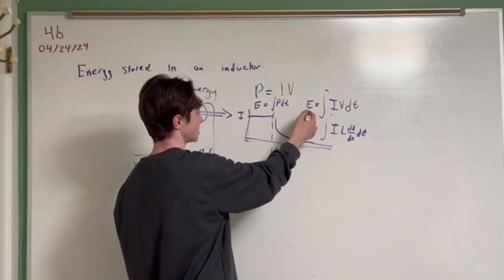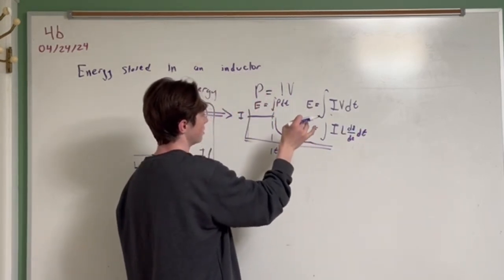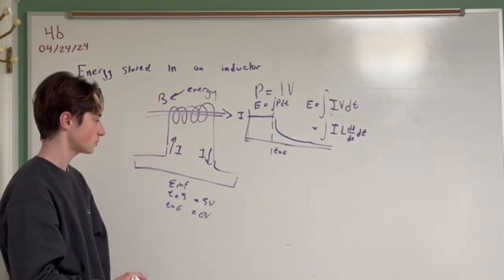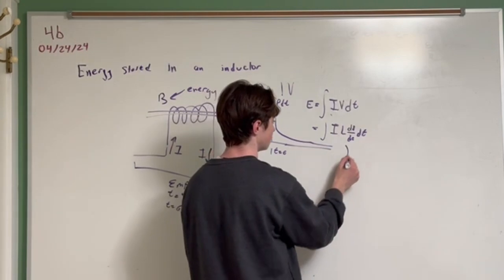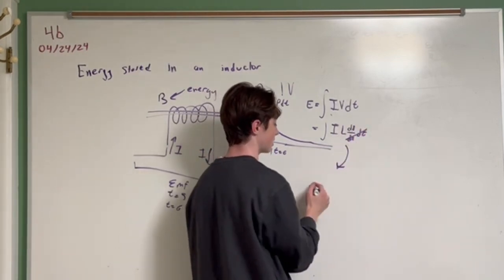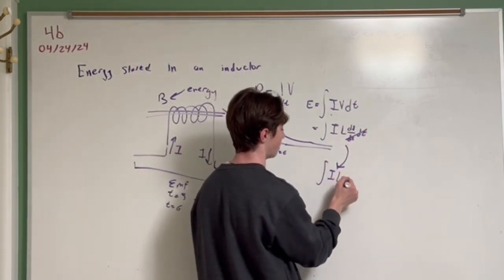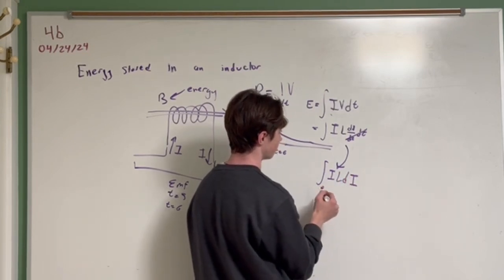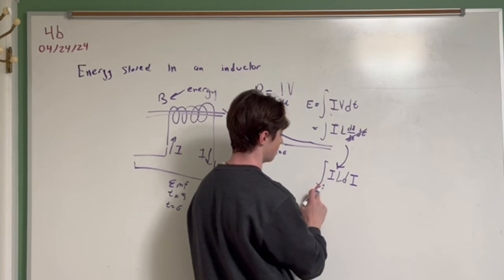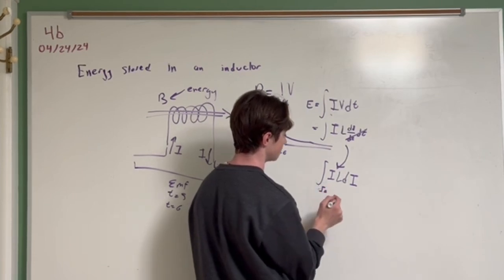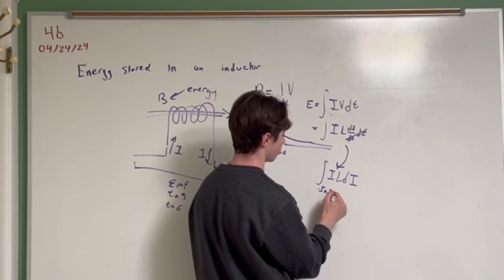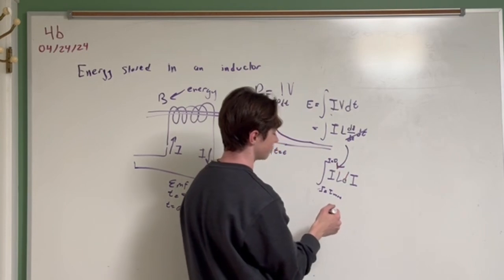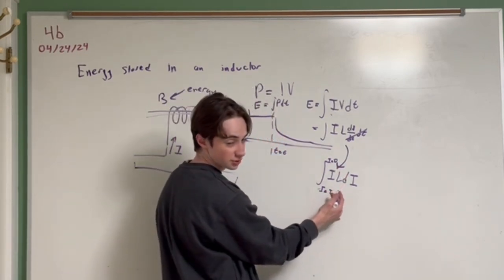So this is the energy of an inductor, by using the integral of power. This integral simplifies, we cancel our dt's and we get the integral of I L dI, from current equals current max to current equals 0. It doesn't matter which direction, because it's energy. But what's this integral equal to, Jacob?